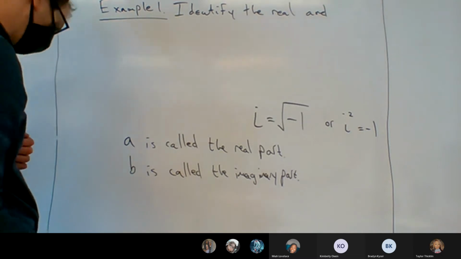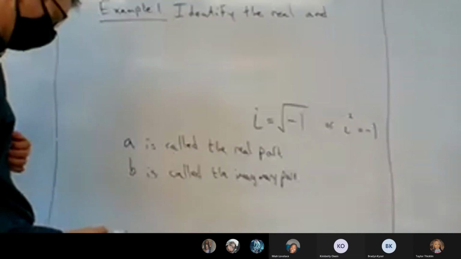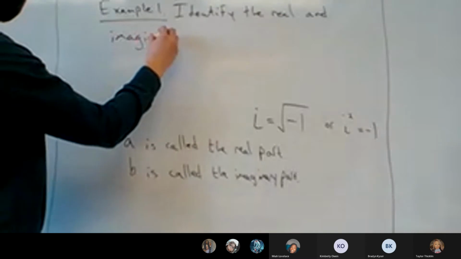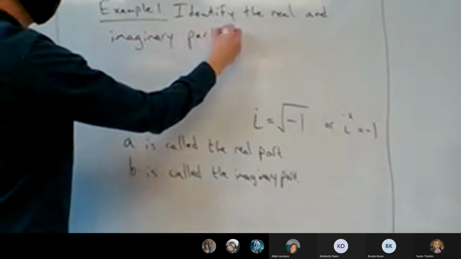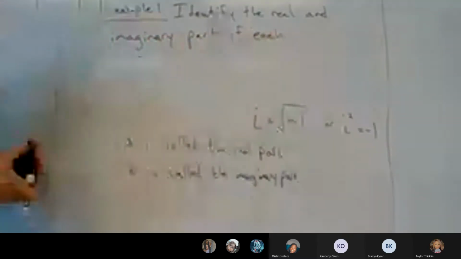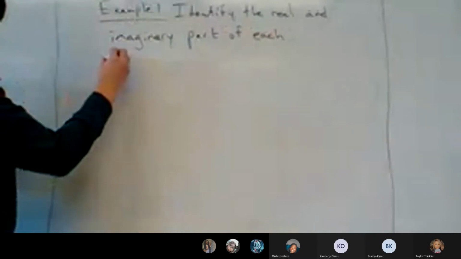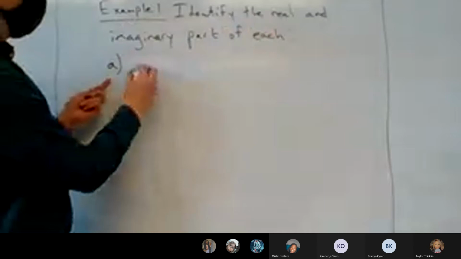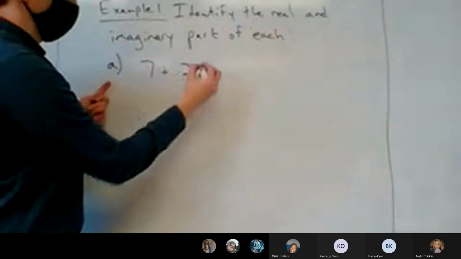Do we say real and complex or real and imaginary? I'm going to say imaginary. Okay, so example 1, part a. Let's say 7 plus 2i.